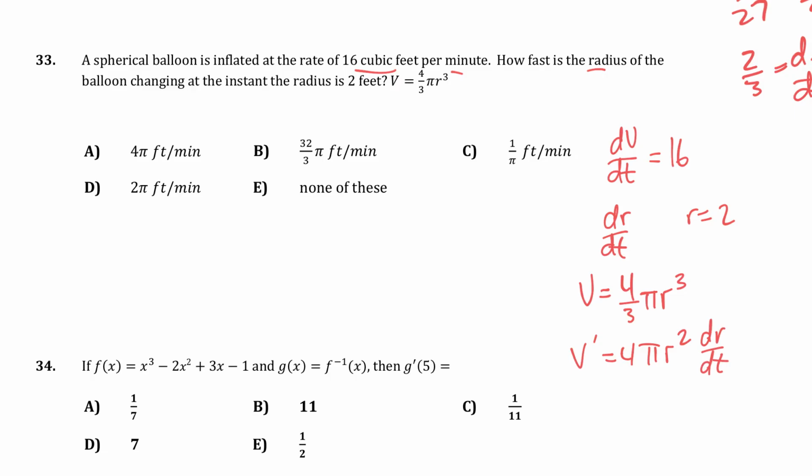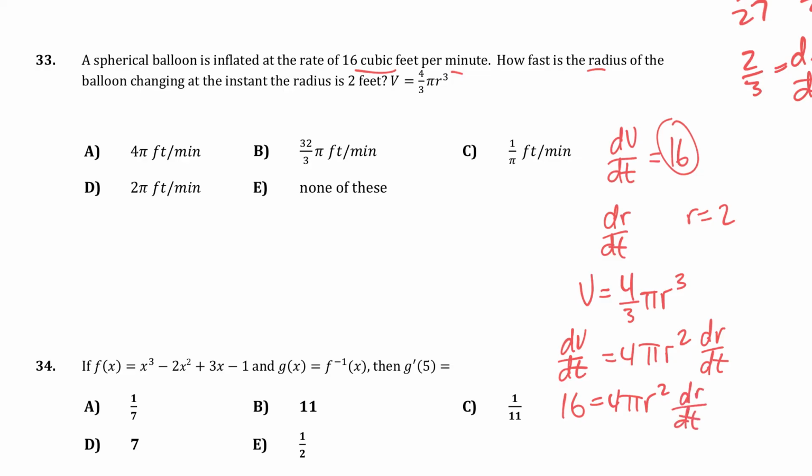And then we're given it as dV/dt. Instead of V prime, I should have called it dV with respect to time. And that dV/dt was originally set as 16. And so this is 4 pi r squared dr/dt.